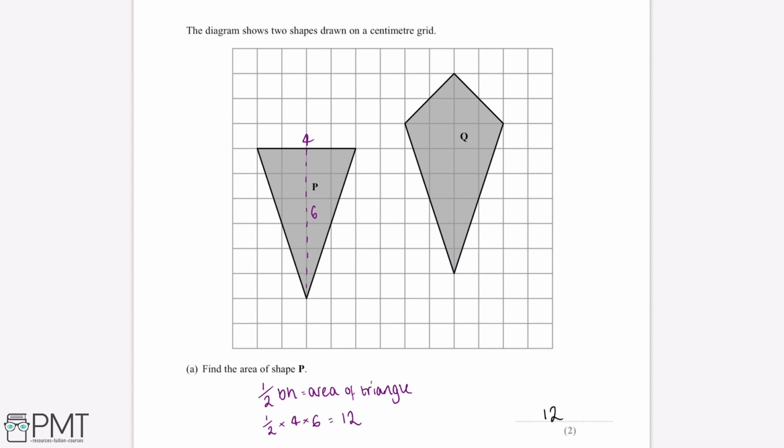Now the most important thing to remember for this question is that our units haven't been given in the answer. So because this grid is a centimetre grid, the answer will be given in centimetres squared. And this question is worth 2 marks, 1 mark for the correct area and 1 mark for the correct units.